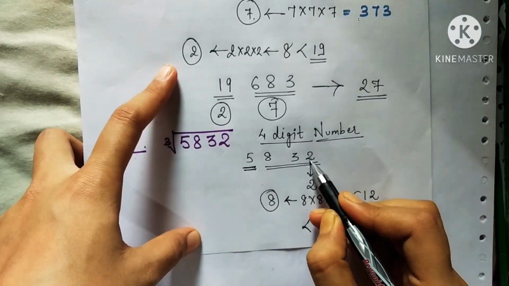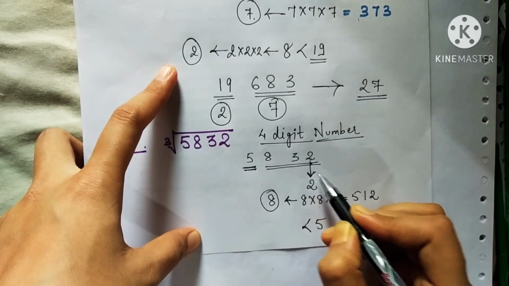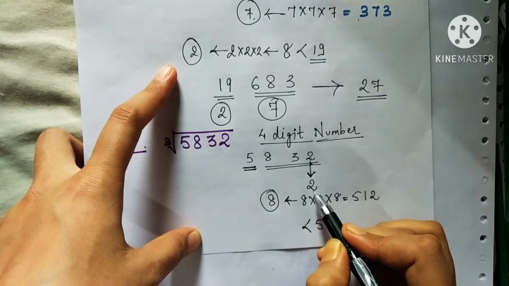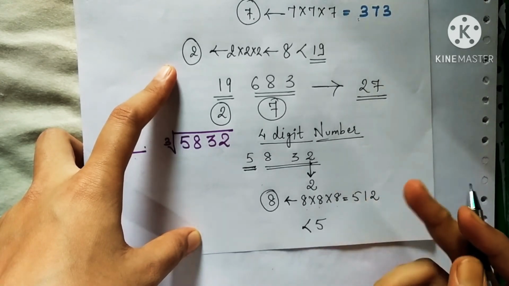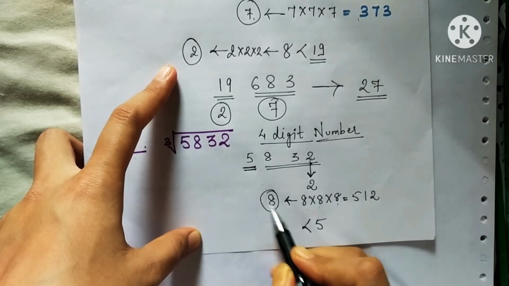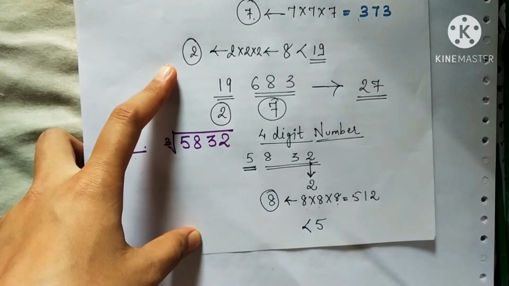Now from the last 3 digits we can take out 2, and 2 lies in which cube? 8's cube. So we have separated 8 out of it.